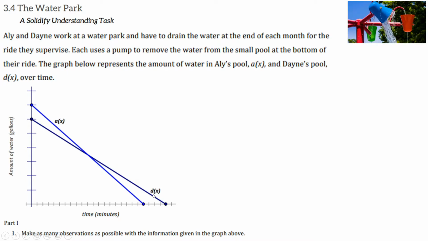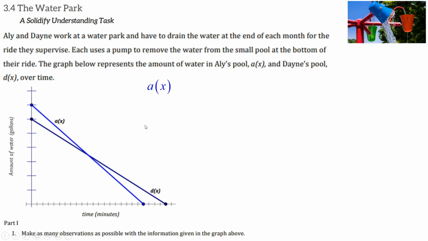All right, and there's a couple things we could add to this graph, but we'll get there in a second. Let's just talk about right now what this tells us. So A of x, well, Allie's pool, look, the amount of water in gallons. Allie's pool has 1, 2, 3, 4, 5, 6, 7 gallons.